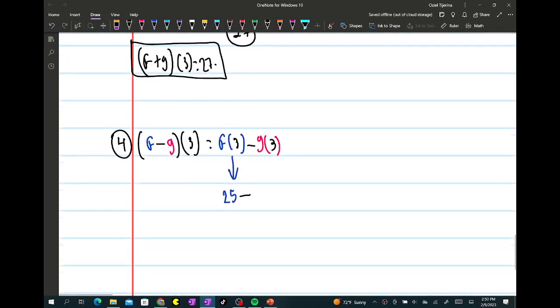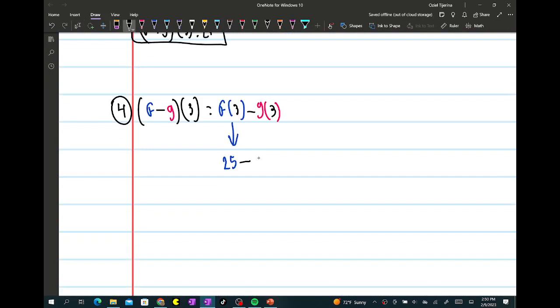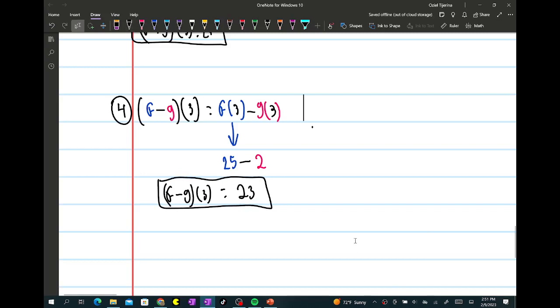Like I said, once you have all of those things, you can just plug them in, right? So this is 25 minus 2, which is 23, and this is f minus g of 3. So that is how you do this one.